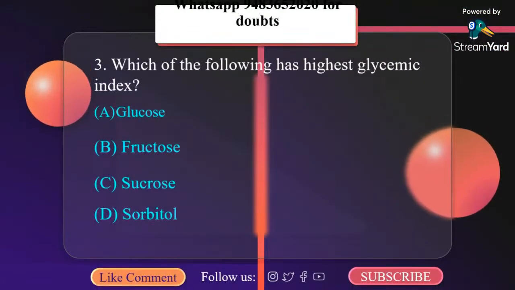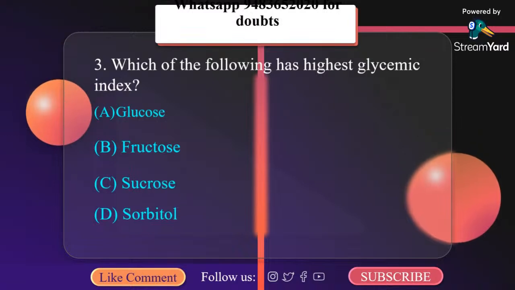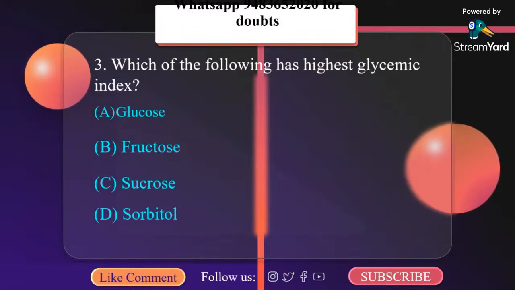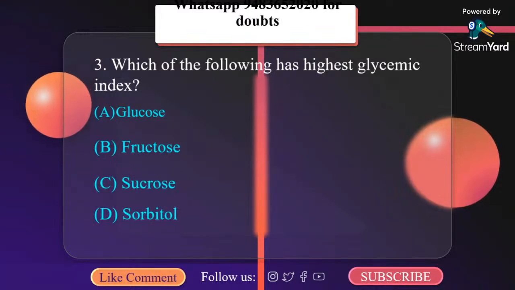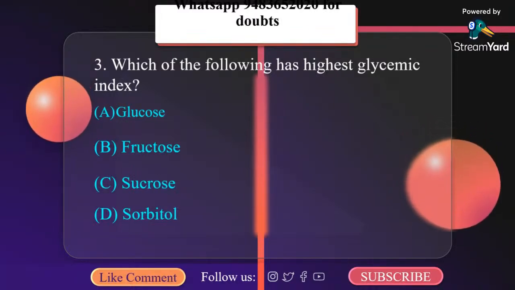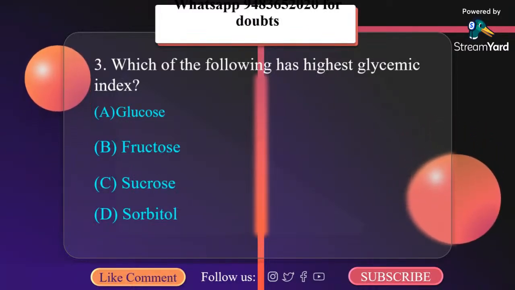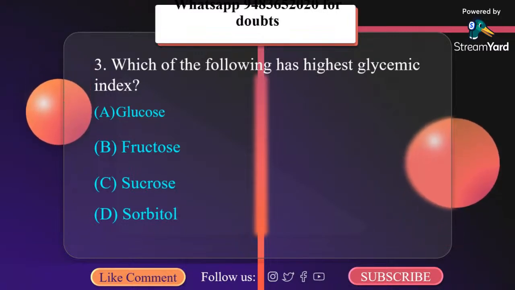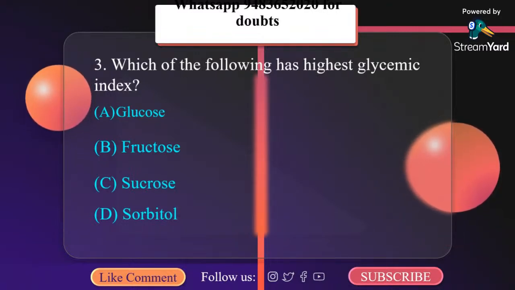Which of the following has the highest glycemic index? A. Glucose, B. Fructose, C. Sucrose, D. Sorbitol. Now, what is glycemic index? Glycemic index is the increase in the blood glucose after the test dose of a carbohydrate compared with that of an equivalent amount of glucose.